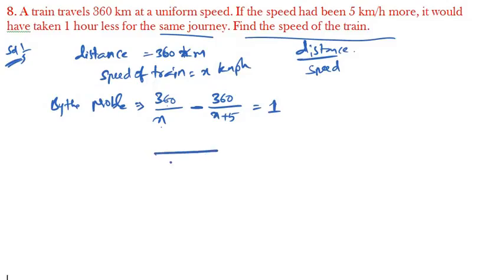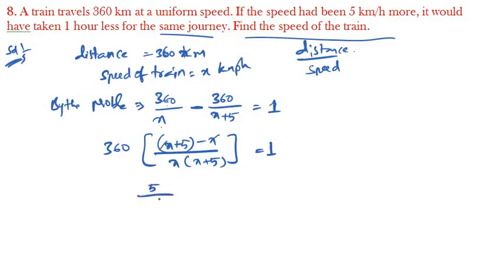So by the problem, 360 will be common from this one. 360 into (1 by x minus 1 by x plus 5) gives x plus 5 minus x over x into x plus 5 is equal to 1. So x cancels, and we get 5 by x square plus 5x is equal to 1 divided by 360.